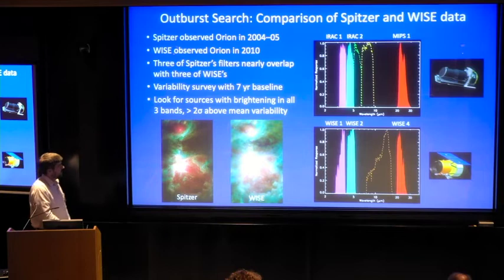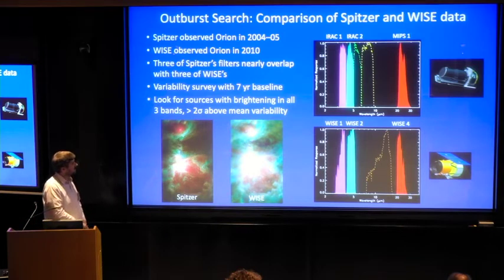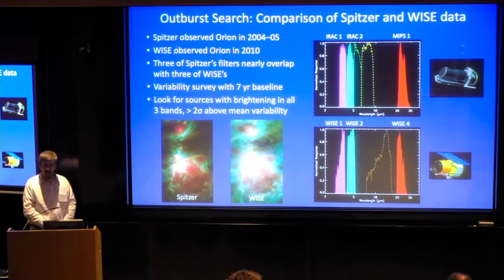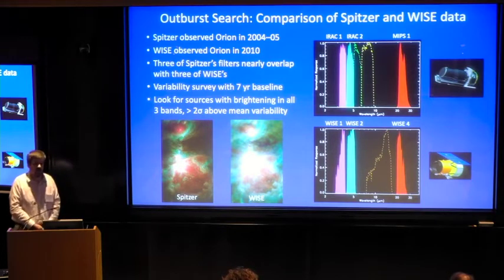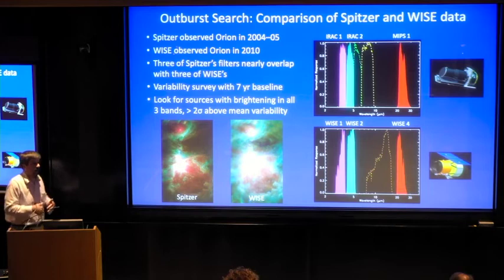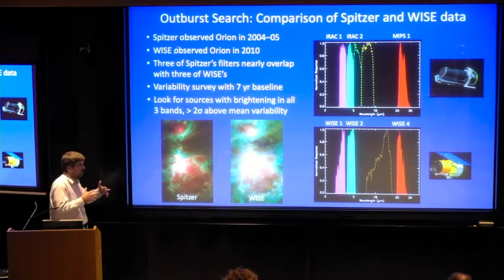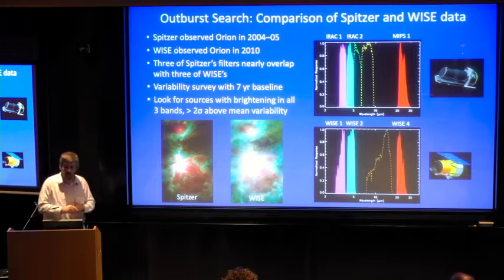And we looked for sources that, over the course of 7 years, became brighter in all 3 bands by more than 2 sigma above the mean variability. So that's kind of a bright line cutoff for outbursts. You could probably go back and look at more subtle forms of variability, but we were looking for the really obvious cases to get a sense for how often that occurs.